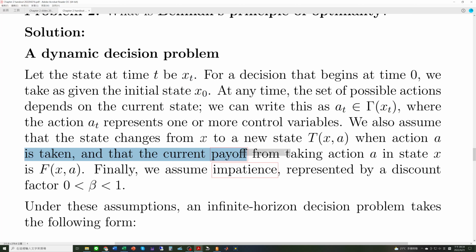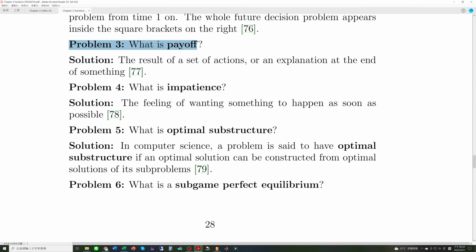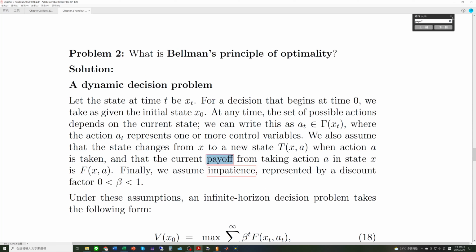Okay, what is the meaning of payoff? Let us see problem 3. What is payoff? Solution: the result of a set of actions, or an explanation at the end of something. Okay, let us go back to the first payoff.